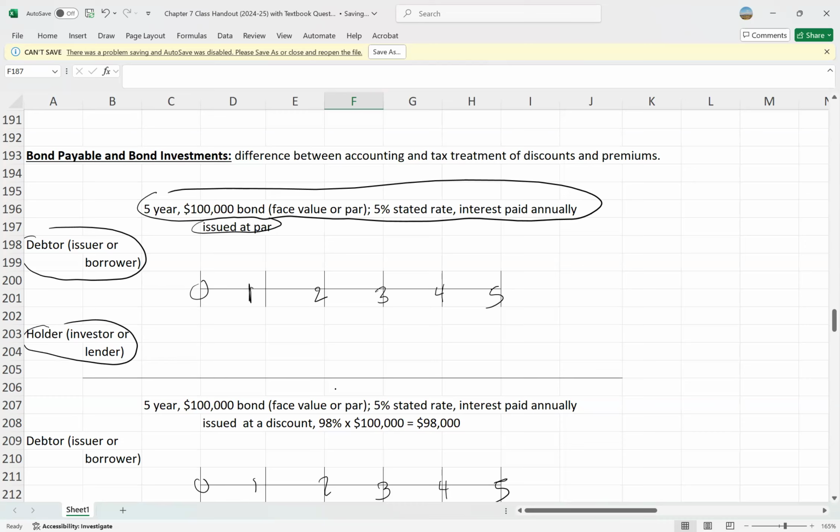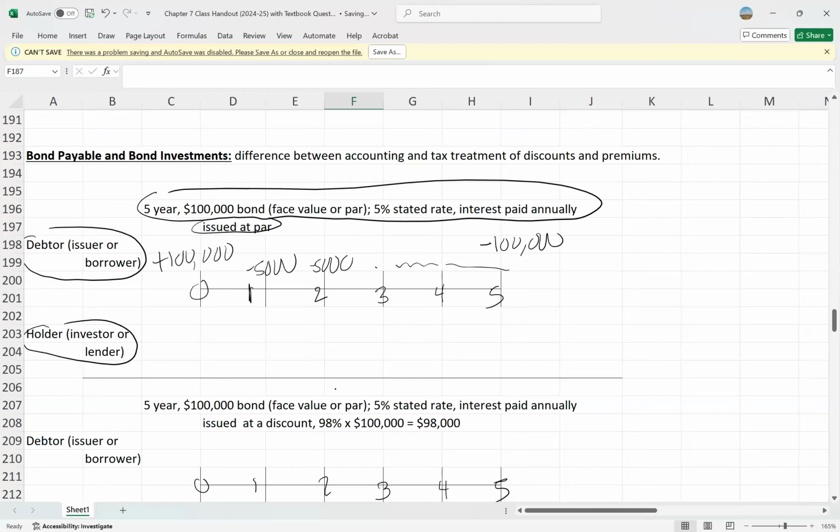The borrower is going to get 100,000 when the bond is issued. At maturity, they're going to have to pay back 100,000. And if interest is 5% of 100,000, every year the debtor will have to pay interest of 5,000.